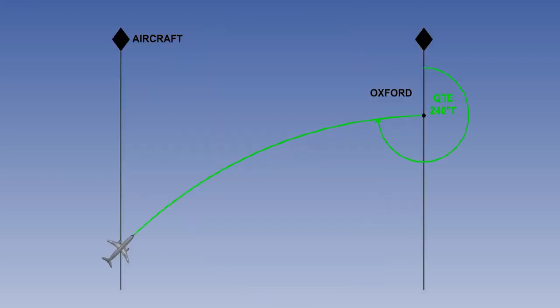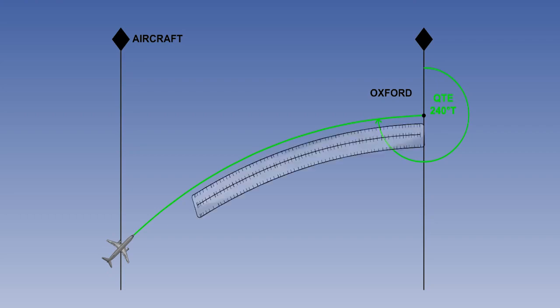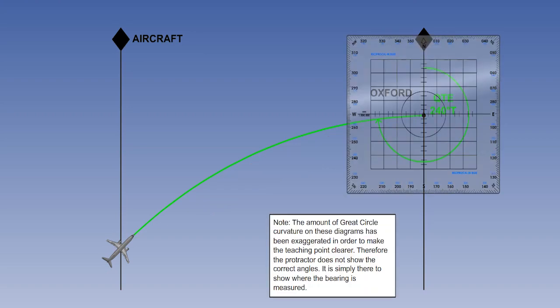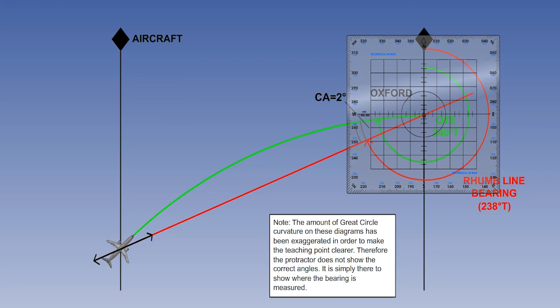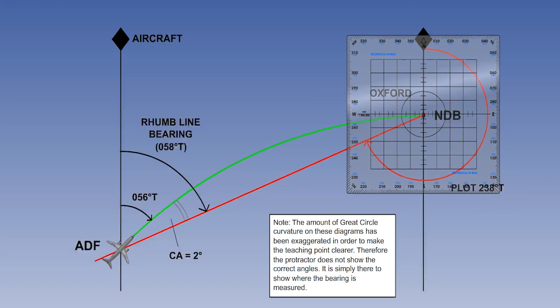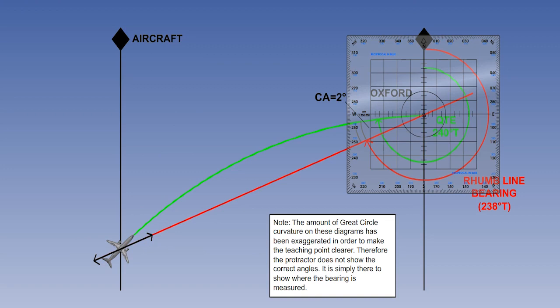However, Mercator charts show great circles as curves and rhumb lines as straight lines. We don't have bent protractors or rulers, so we have to plot the straight line, which is the rhumb line bearing. We therefore have to apply conversion angle to the great circle bearing to get the rhumb line. Depending on the navigation aid being used, the radio bearing may be measured either at the aircraft or the ground station.